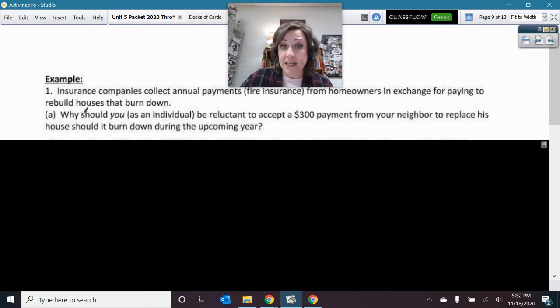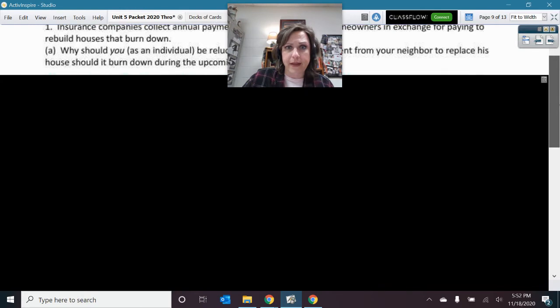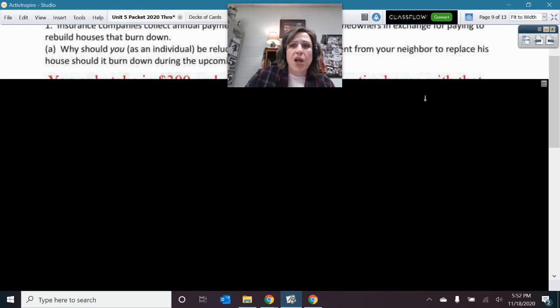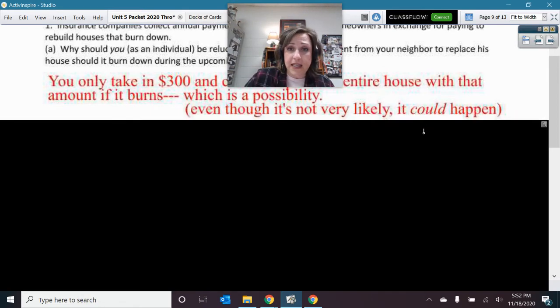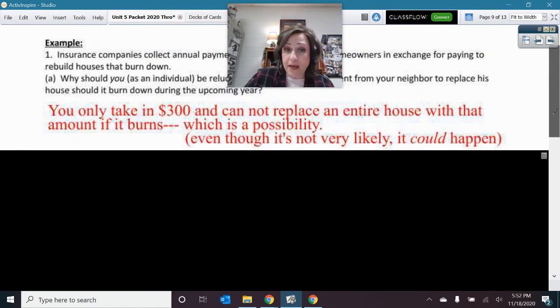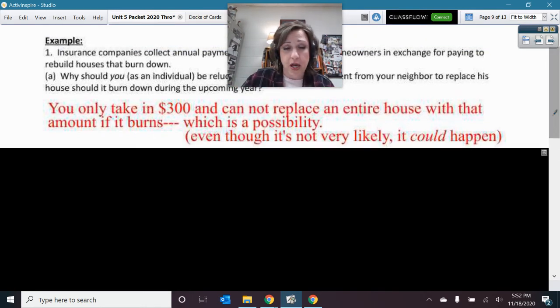Why should you as an individual be reluctant to accept a $300 payment from your neighbor to replace his house should it burn down during the upcoming year? Well, I think that is a bit obvious. You would be taking in money from only one neighbor, $300, and you cannot replace an entire house if it happens to burn down. It's not very likely, but it could happen.